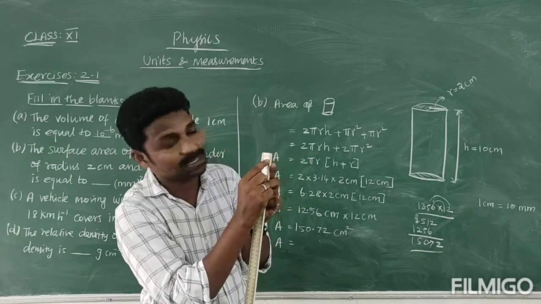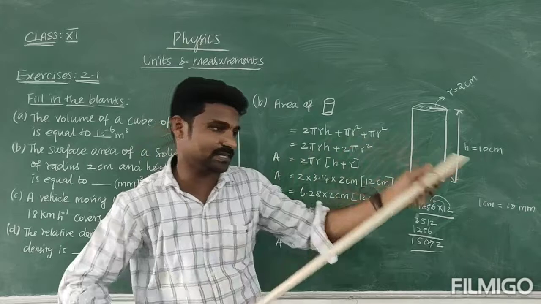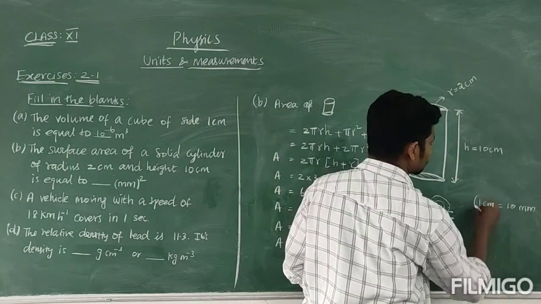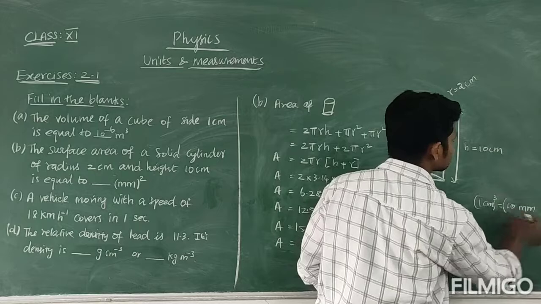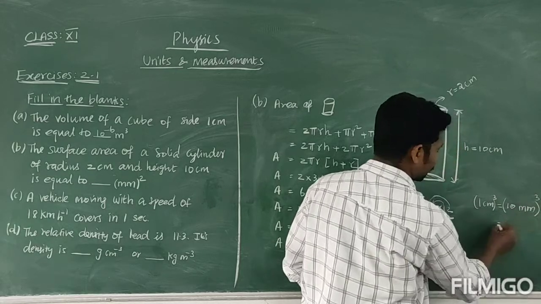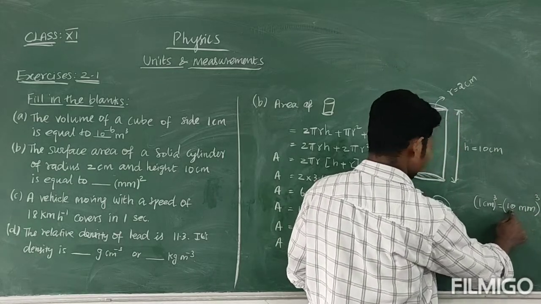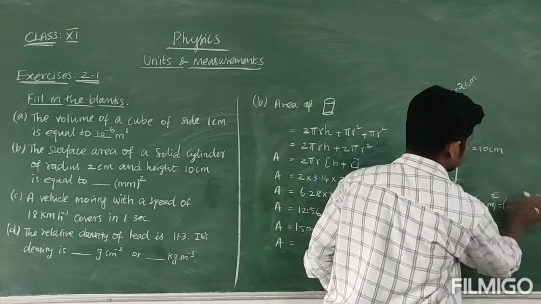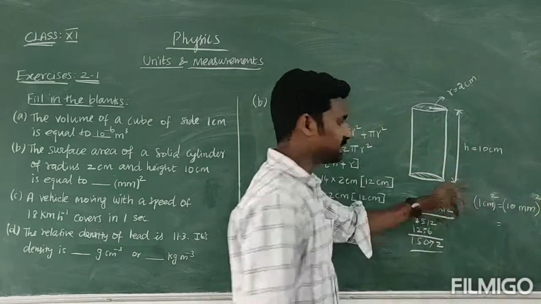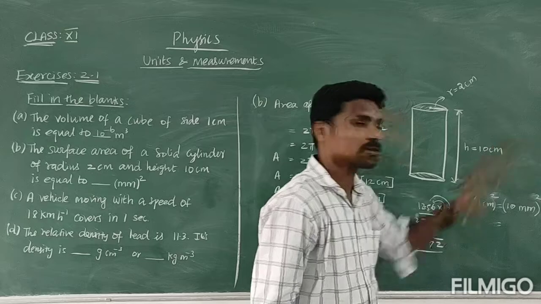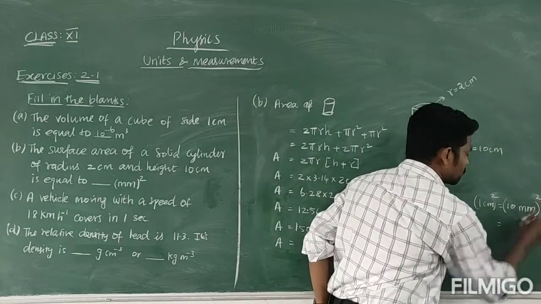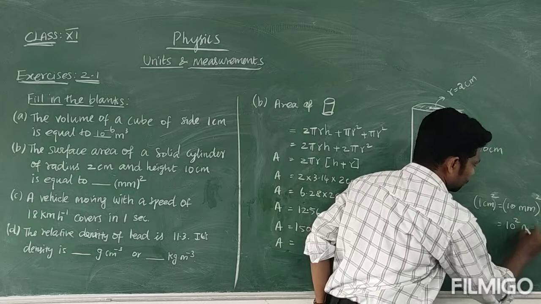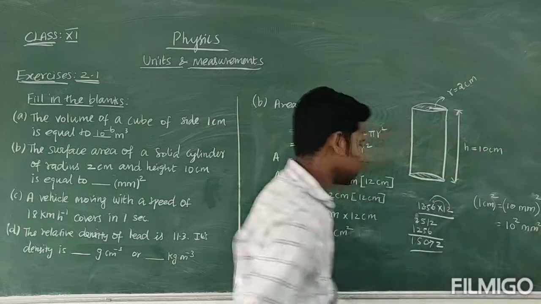So 1 centimeter is equal to 10 millimeter. So 1 centimeter cube we can write 10 millimeter cube. Here we can write square because this is surface area, so 1 centimeter square equals 10 millimeter whole square, so 10 power 2 millimeter square.